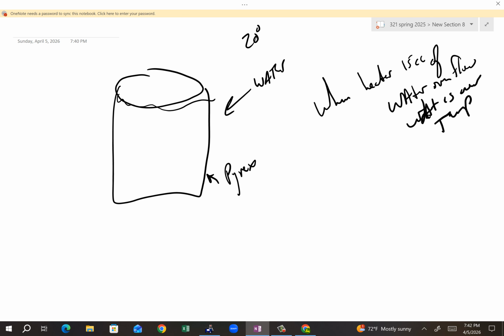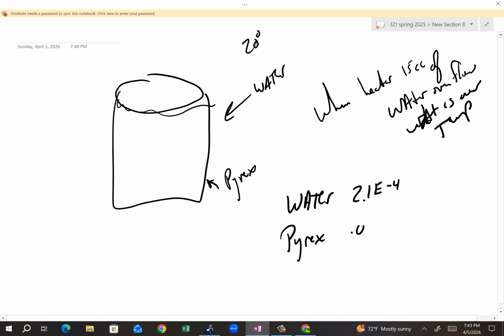But what we're going to be looking at here is, again, thermal expansion. For water, beta is 2.1 E minus 4. And for Pyrex, it's significantly less than that. That's, again, the whole point: 0.09 E minus 4.